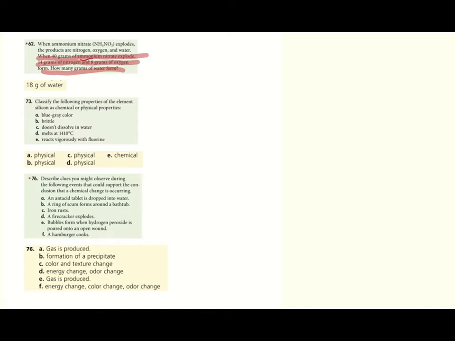The equation is ammonium nitrate explodes to give nitrogen and oxygen and water. It's not important to write formulas, you can write just the words.